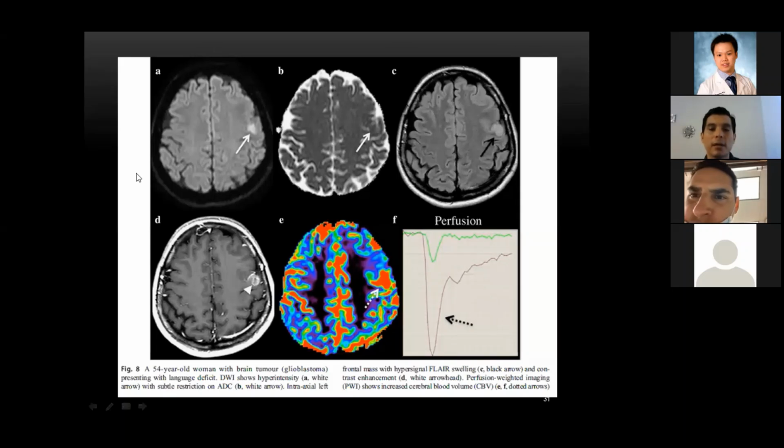In this case, a glioblastoma with subtle hyperintensity in ADC, subtle hyperintensity in FLAIR, but with uptake of gadolinium contrast and hyperperfusion in the area.